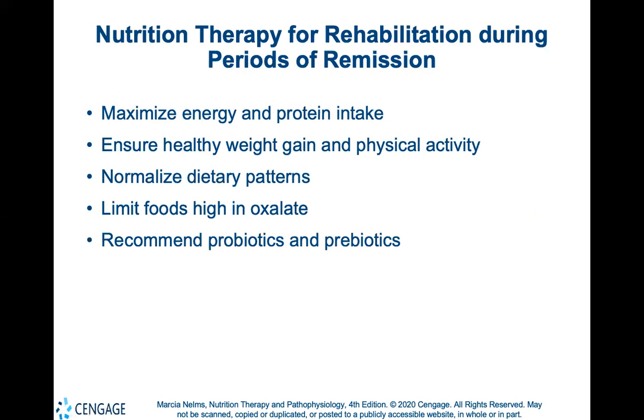So the nutrition therapy for rehabilitation during periods of remission, maximize energy and protein needs, ensure healthy weight gain and physical activity, normalize dietary patterns, limit foods high in oxalate, recommend probiotics and prebiotics.